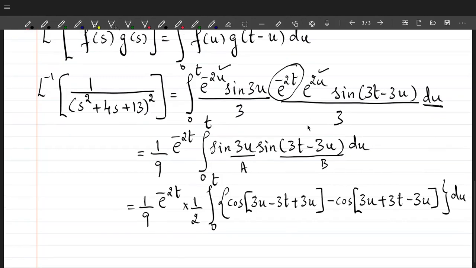So what do you get here is 3u and 3u. So I think these two terms will be added, and here 3u and this 3u will be cancelled. So let me continue that.